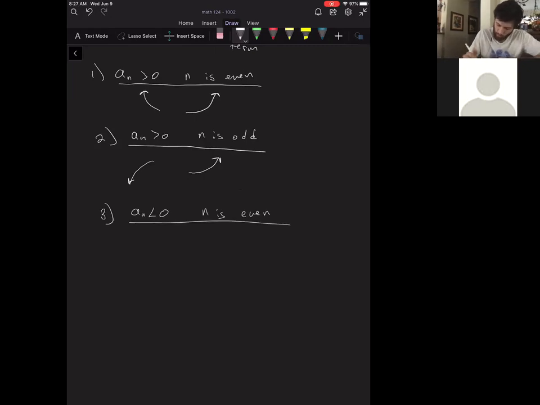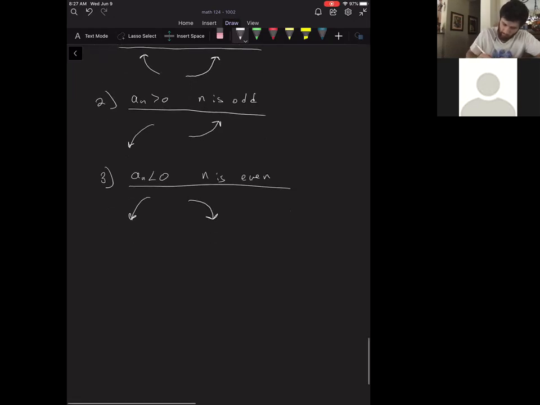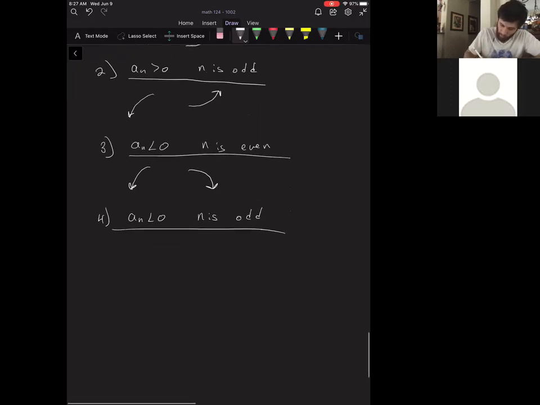Here we are going to have down and down. And then the last case, a_n is negative and n is odd. We are going to have it move up on the left-hand side and down on the right-hand side.